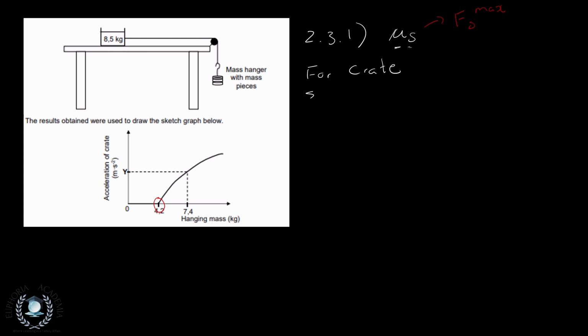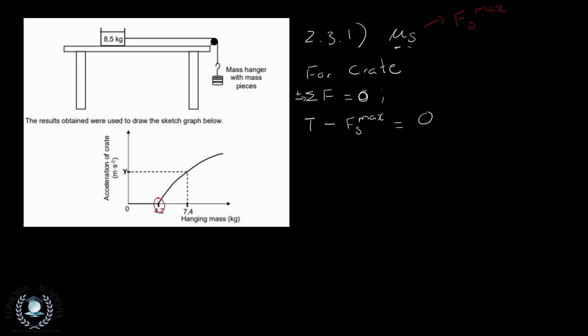Our sum of forces will be equal to 0 because we don't have motion. We take right as positive. So we have tension minus the maximum frictional force, and that will be equal to 0.